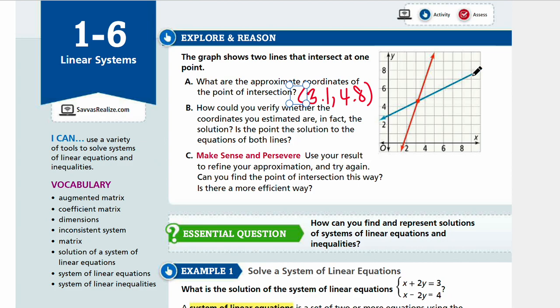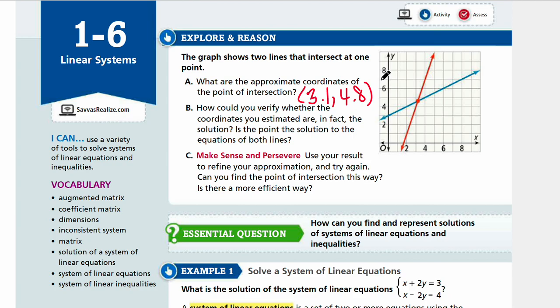Part B, how could you verify that the coordinates you estimated are, in fact, the solution? Is the point the solution to the equations of both lines? So how can you verify? You have this point of approximation, right? Is there a way for us to check if it's a good guess or not?